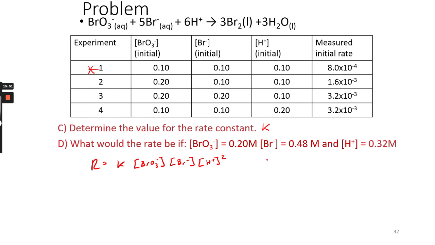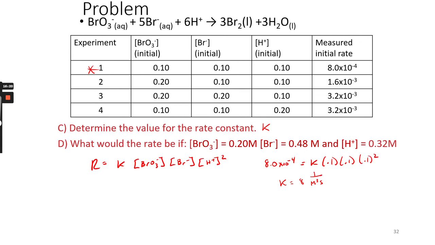So my rate is equal to K times the concentration of the first one times the concentration of the second one times the concentration of the third one squared. Then you rearrange everything and you get that K is equal to 8 and the unit is 1 over molarities cubed seconds.